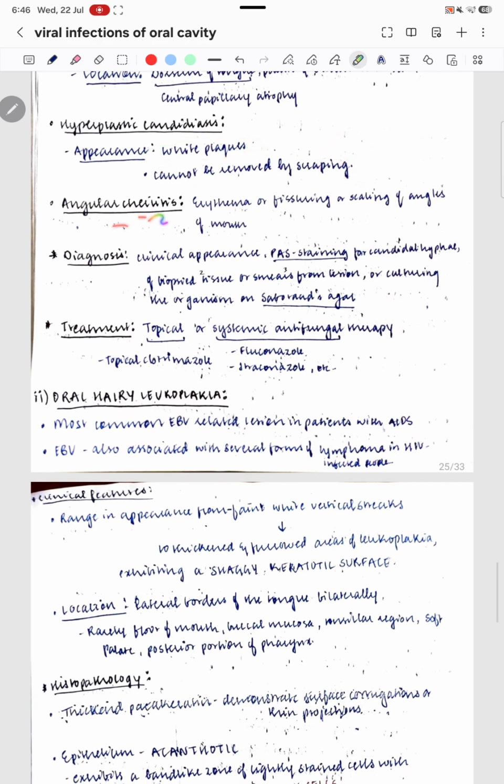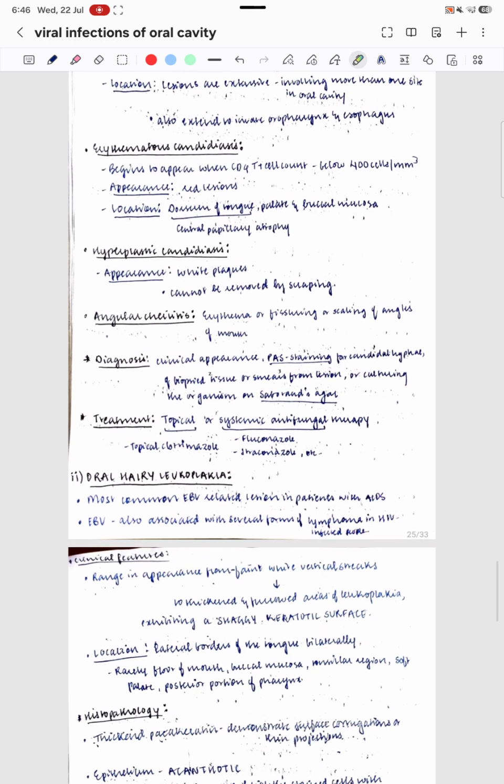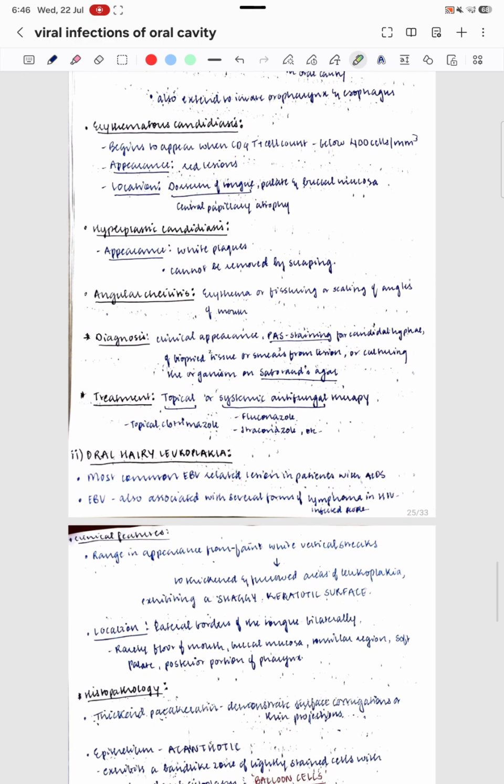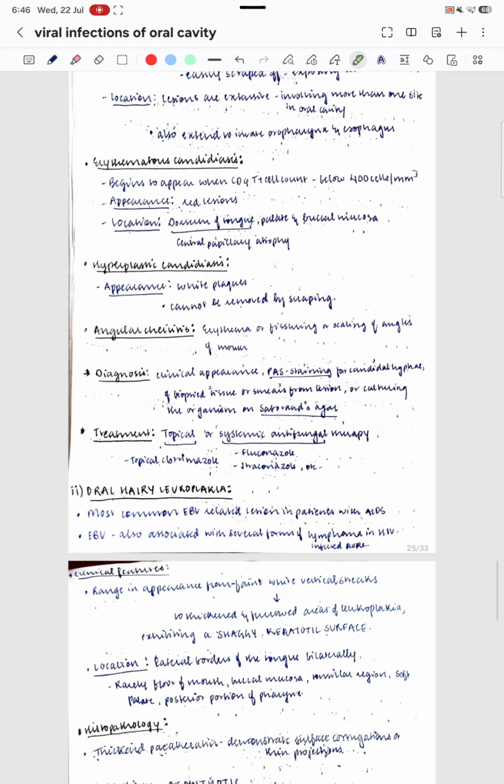Then you have angular cheilitis, with erythema, fissuring, or scaling at the angle of the mouth. Basically there are cuts at the ends of the lips where the two lips meet. That is also a type of opportunistic infection.